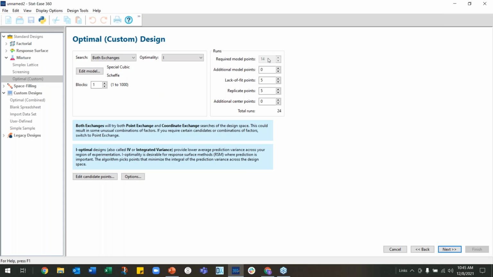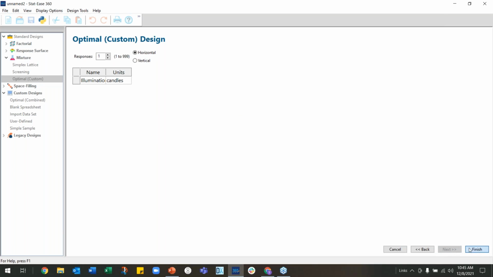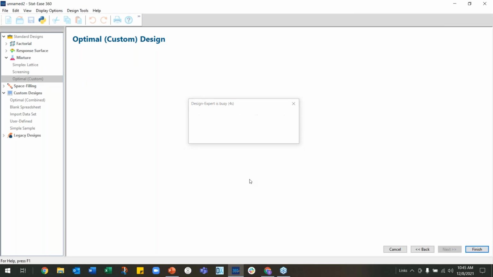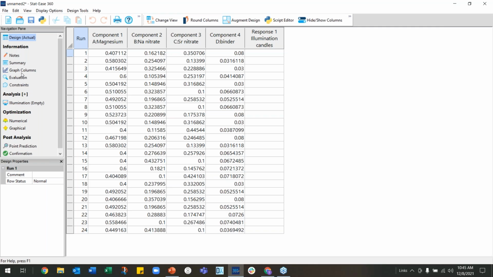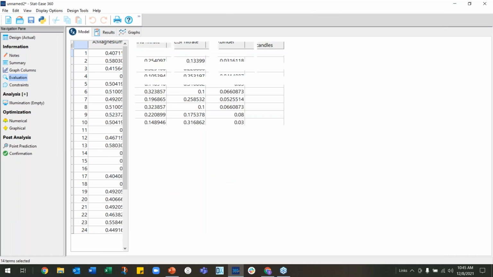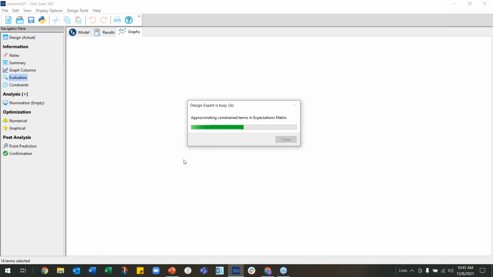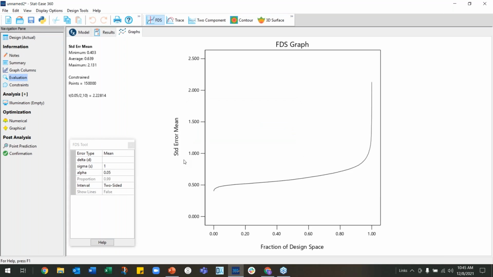It has 14 required model points, 5 lack of fit, 5 replicates, for a total of 24 runs. Okay, then we have to build this, and then go to design evaluation and graphs. It will calculate the FDS graph.